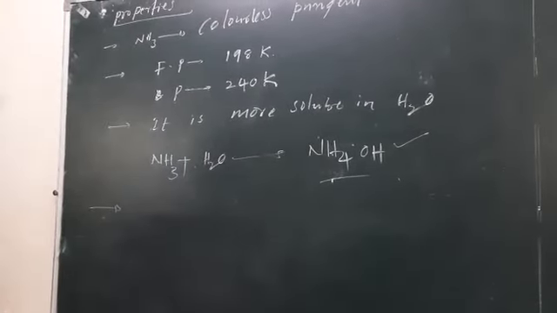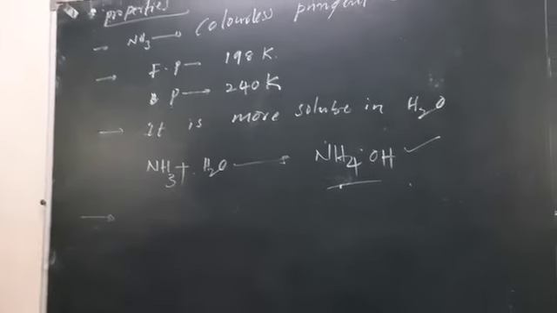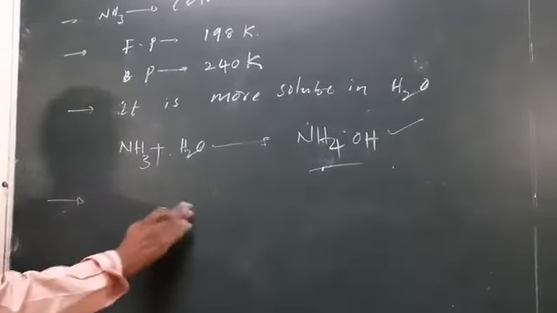Next, the ammonia formed in the Haber process is dried by calcium oxide.